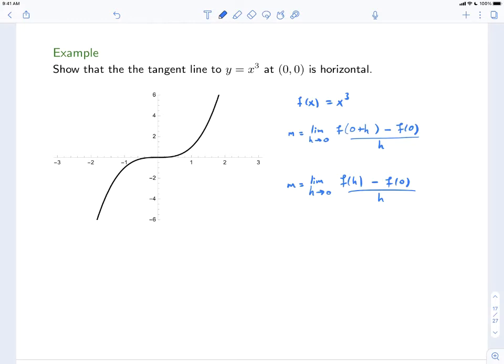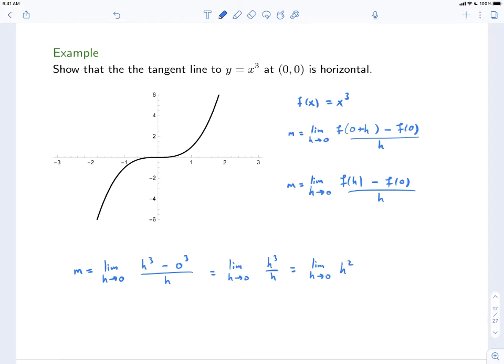So we can compute these things. M is equal to the limit as h goes to 0 of f at h. But f at x is x cubed, so we're just going to replace x with h. So it's going to be h cubed minus 0 cubed, which of course is just 0, divided by h. So this is going to be the limit as h goes to 0 of h cubed divided by h, which is the limit as h goes to 0 of h squared.